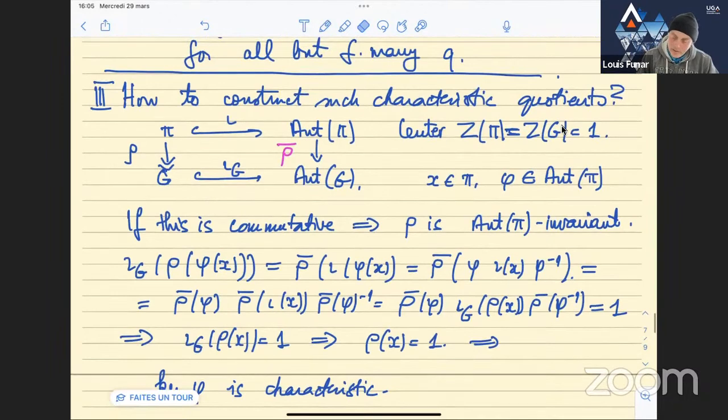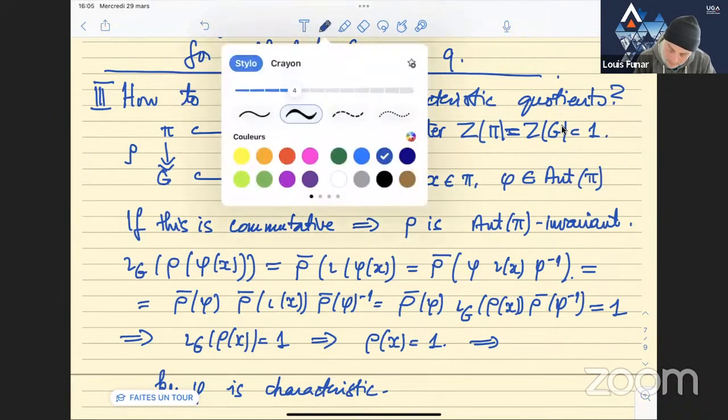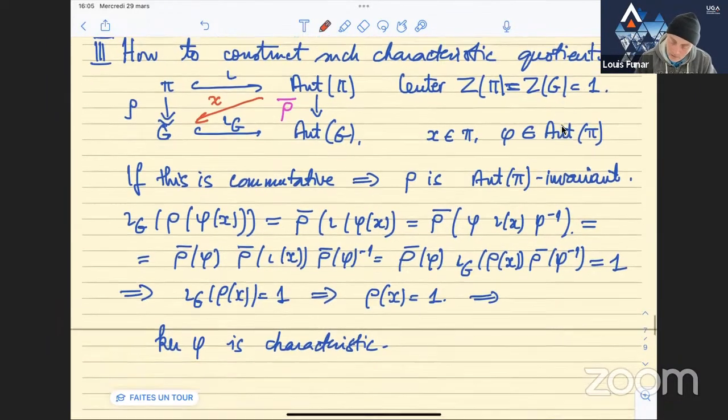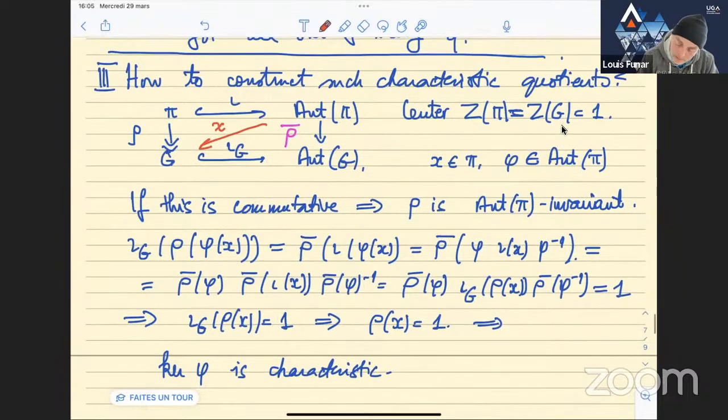So one idea would be to construct such a commutative diagram, and maybe the simplest one is, instead of considering that, I'm able to do even better, to construct such a diagram with such a map here, which is, let's say, chi, and then I'm defining rho bar as a composition between IG and chi. Okay, so how do you construct such things?